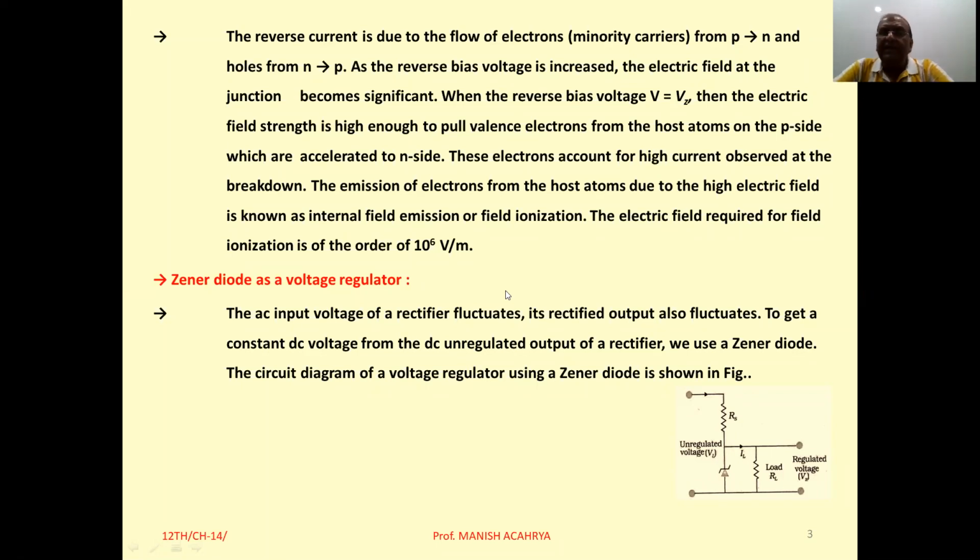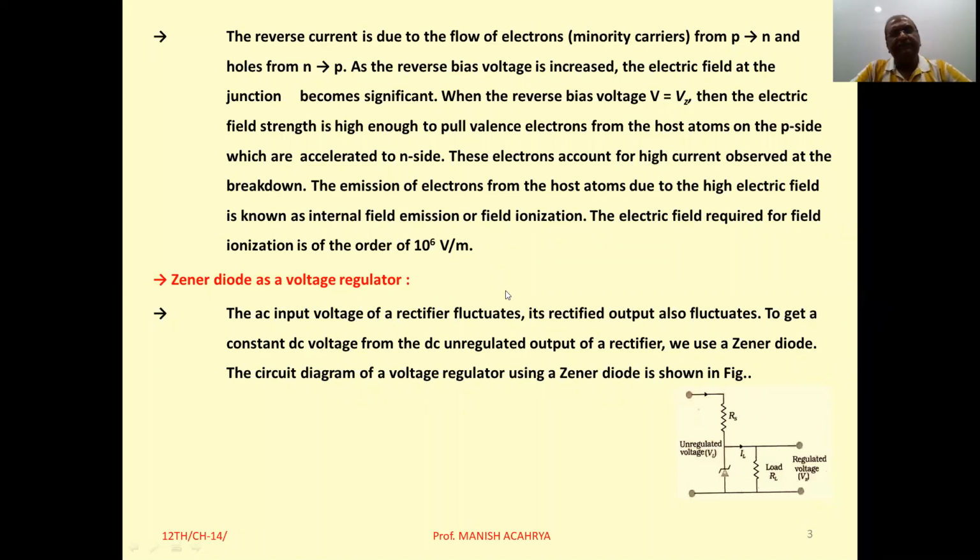Now, depending on this particular reverse bias characteristic, we can use Zener diode as a voltage regulator. Zener diode here will be used in reverse bias mode. Zener diode is always used in reverse bias mode, because forward bias characteristic is exactly like a simple PN junction diode.